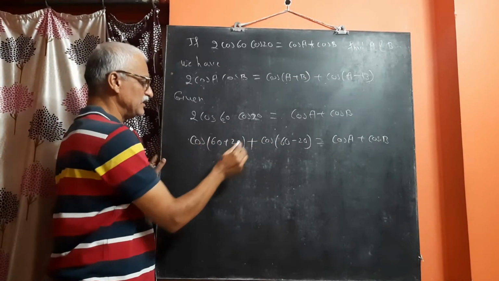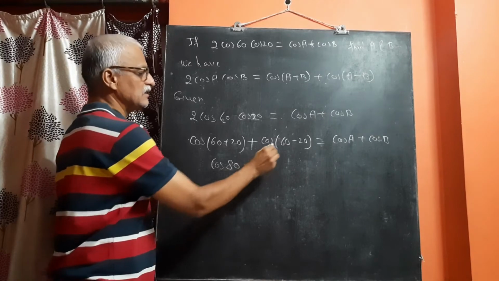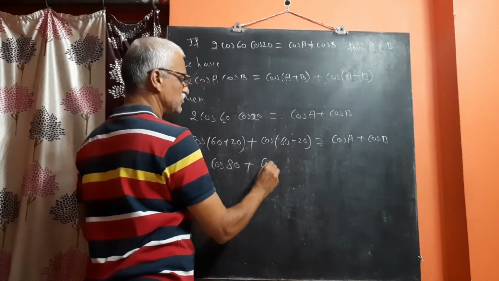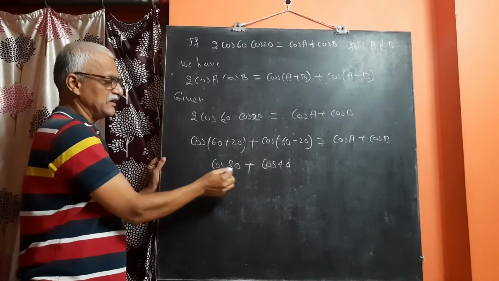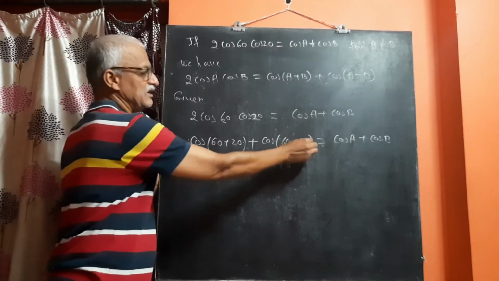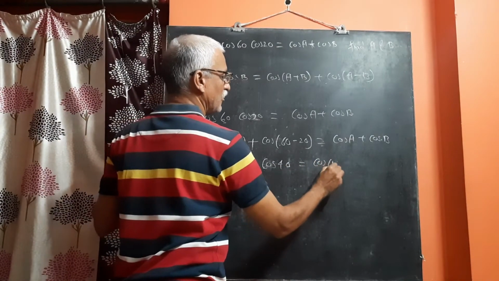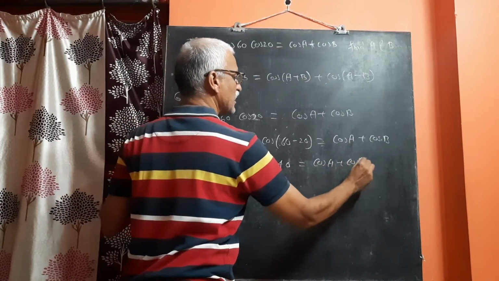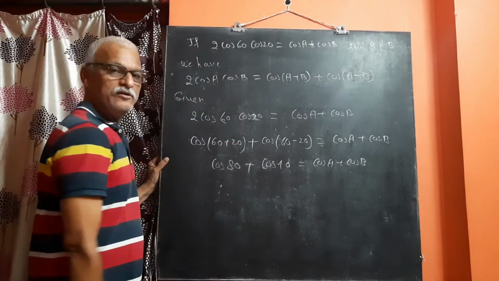Now cos 60 plus 20 is cos 80, plus cos 60 minus 20, which is cos 40. So cos 80 plus cos 40 equals cos A plus cos B. And therefore, what is the value of A?